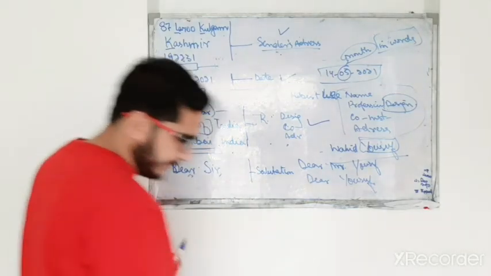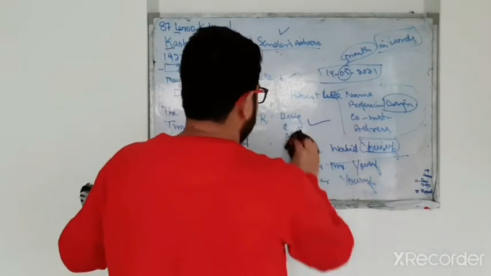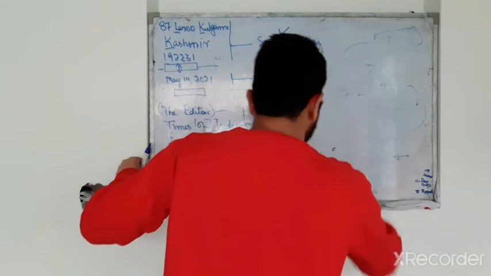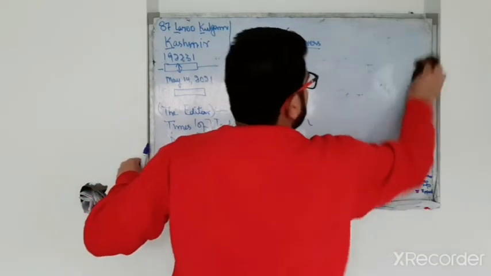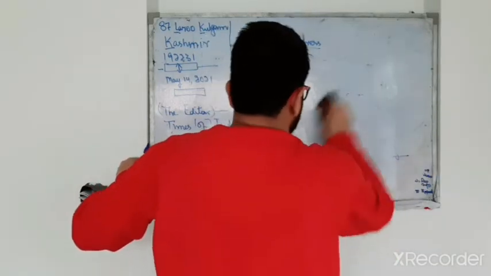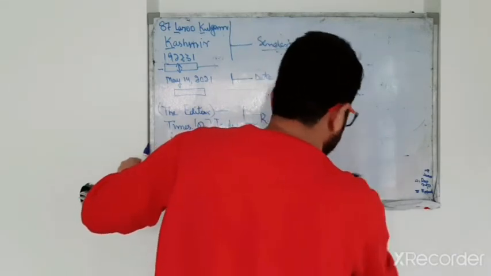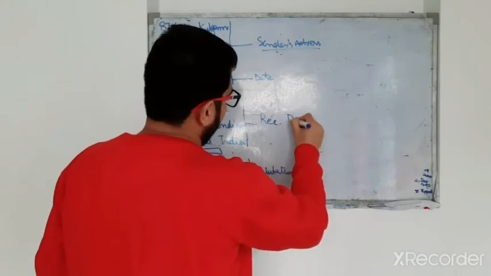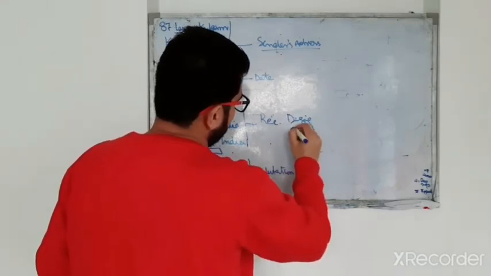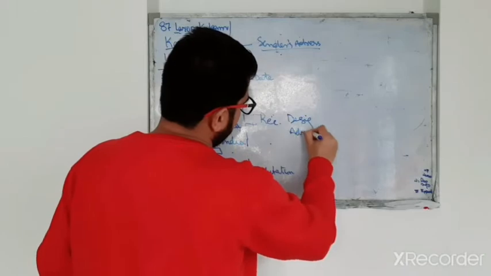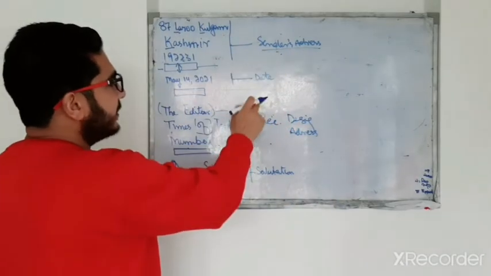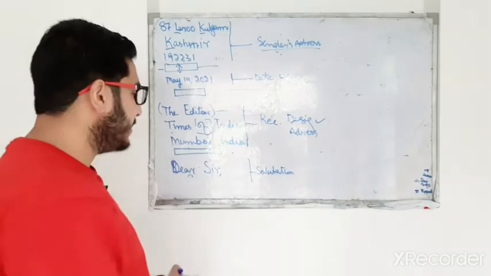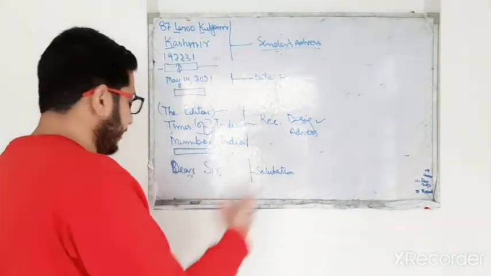Just one second, I'll make it clear. So the first part is the sender's address, then the date, then the recipient's designation and address, and then we have the salutation or greeting.